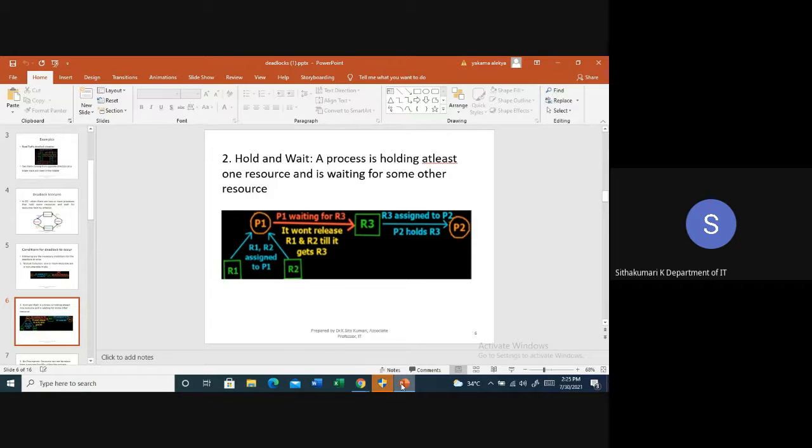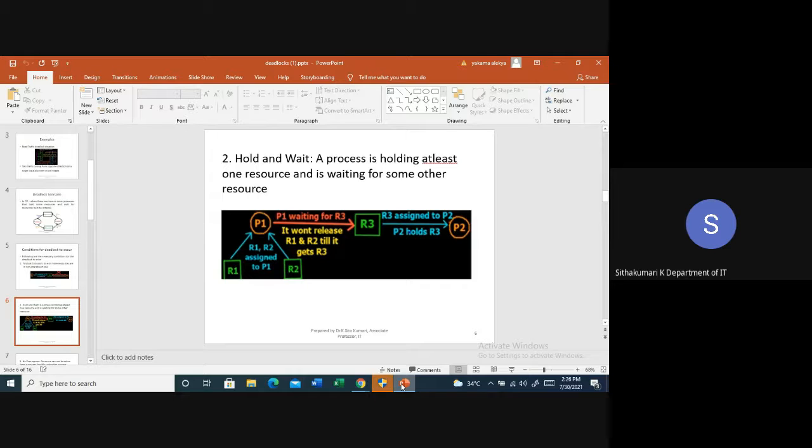So these two resources have been already assigned to P1, and P1 is waiting for R3. So to complete the execution, the process P1 requires the resources R1, R2 and R3. So unless it gets the resource R3, it will not release the resources R1 and R2.